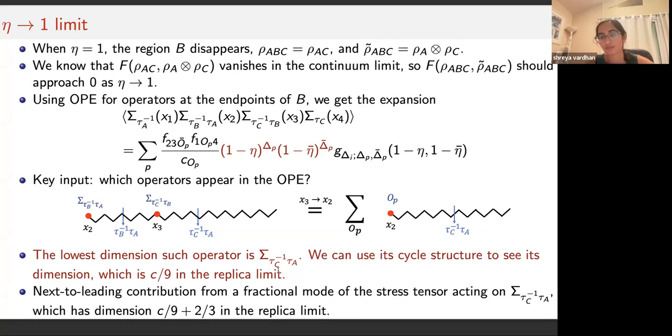Then you can have this dressed with some other modes of the stress tensor. In principle, you could also have this dressed with some other primary operator in the theory, like the lowest dimension primary operator. But if you had that, then you would get a non-universal contribution to this quantity, because you would get some power here, which is the dimension of the lowest dimension primary operator.